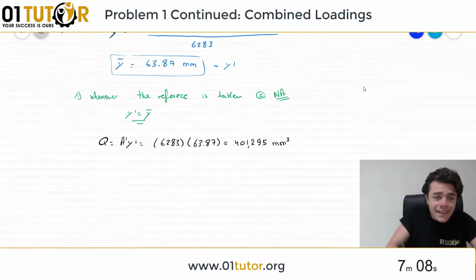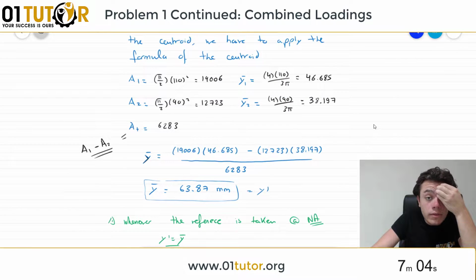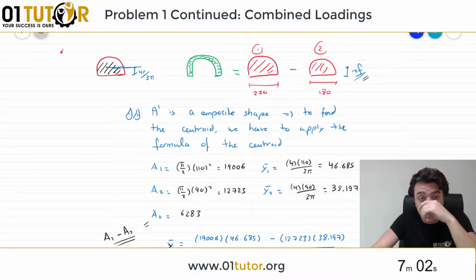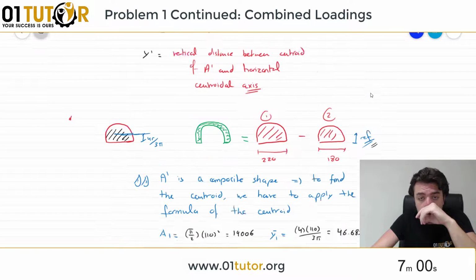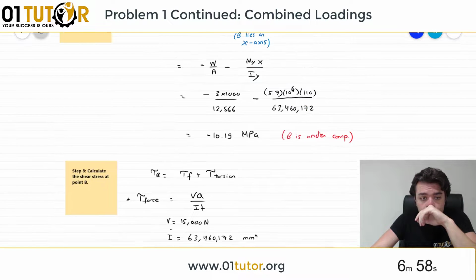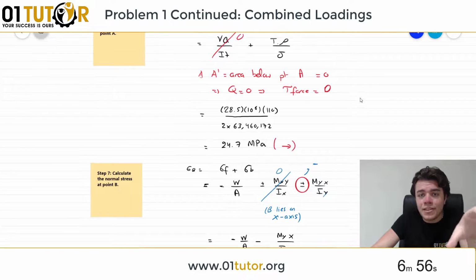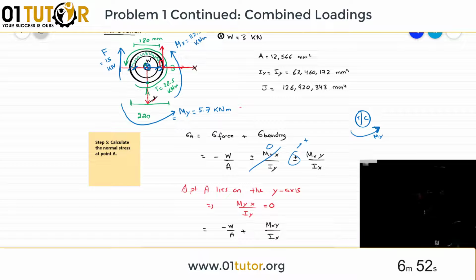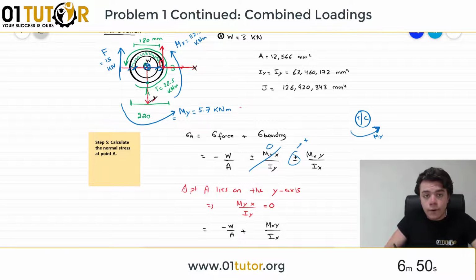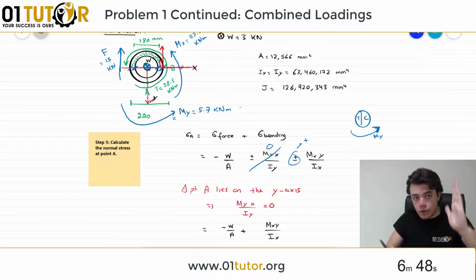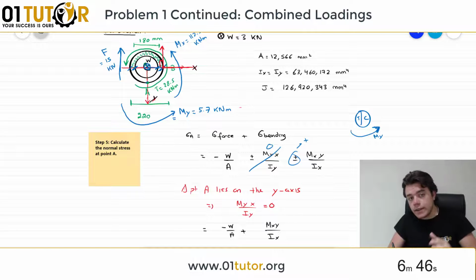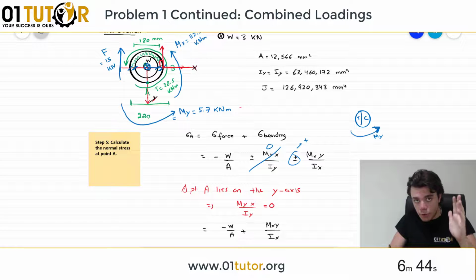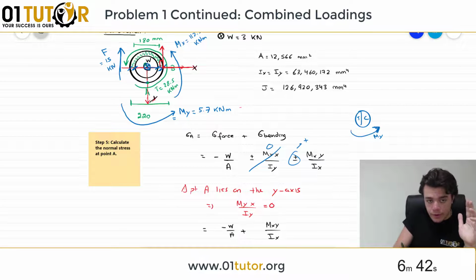Now, what is t? The thickness t at the point of interest. We're trying to calculate the shear stress at point B. So if we go to the cross section, look at point B in here. Draw a horizontal line because the shear is vertical. We are calculating the shear stress due to a vertical shear force. Draw a horizontal line and see where it cuts the solid cross section.